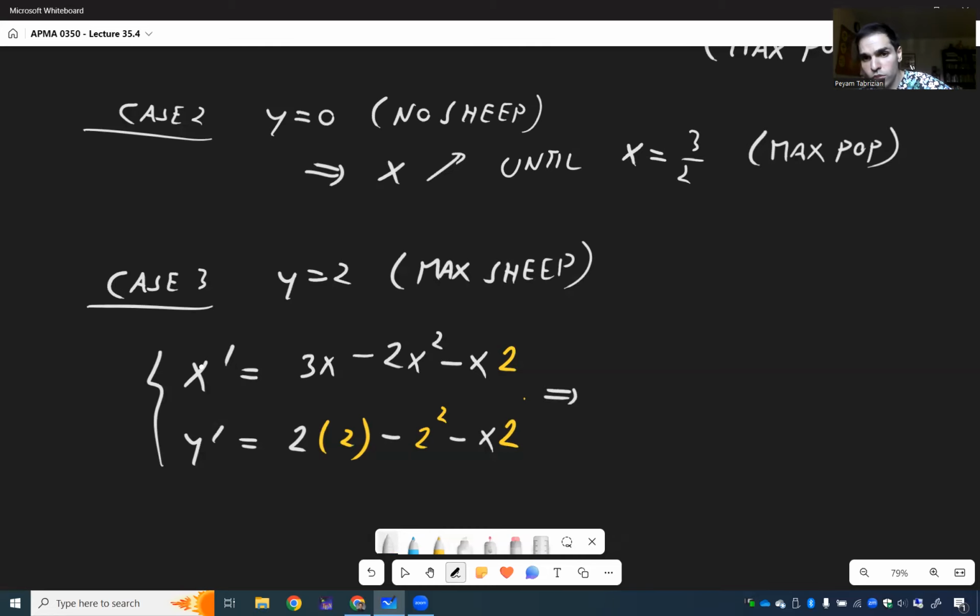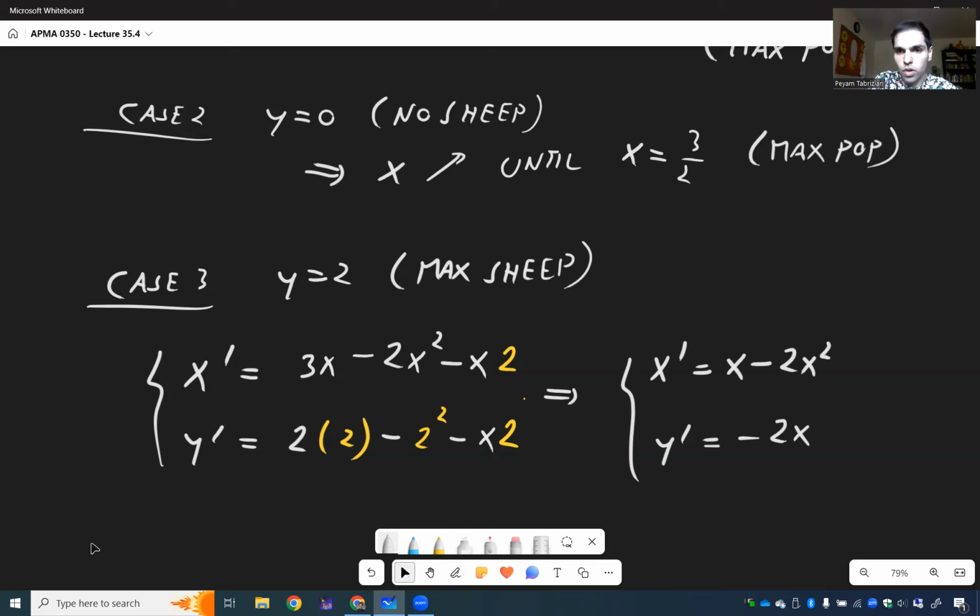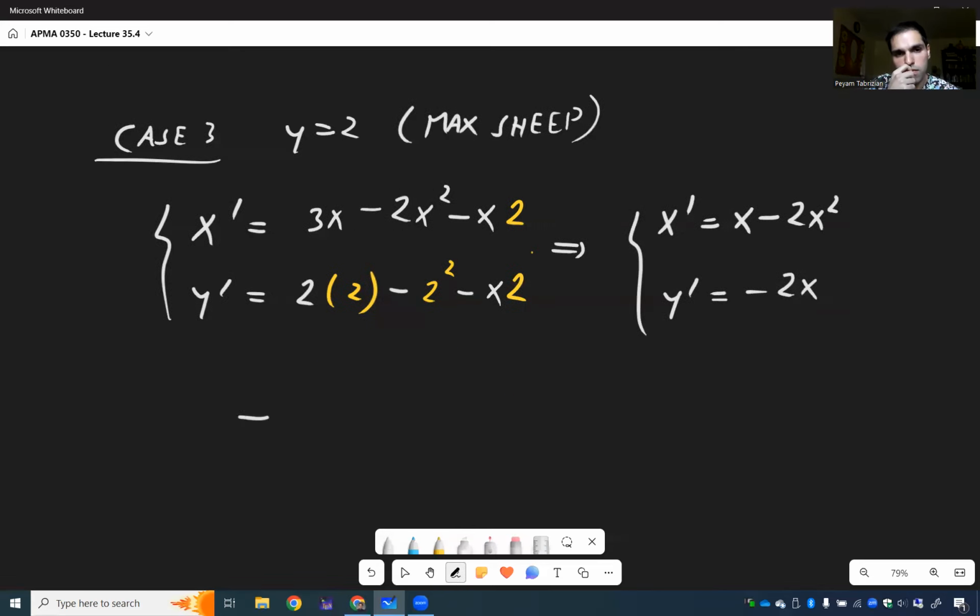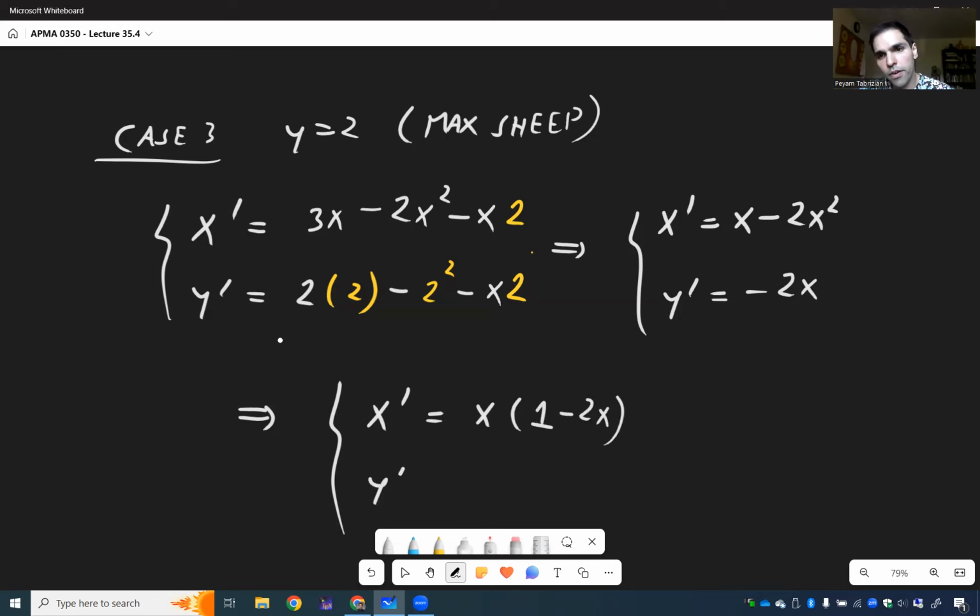In which case we get x prime equals x minus 2x squared, and y prime in this case is minus 2x. So in other words, x prime is x times (1 minus 2x), and then y prime is minus 2x.